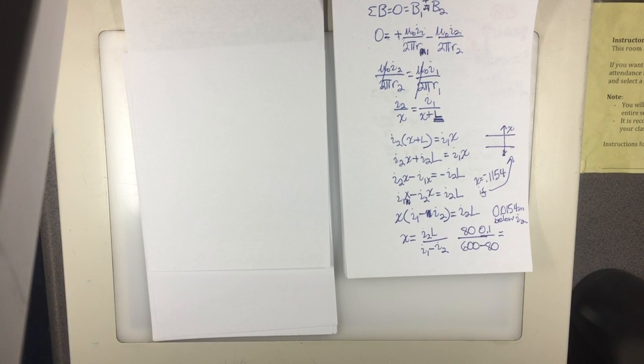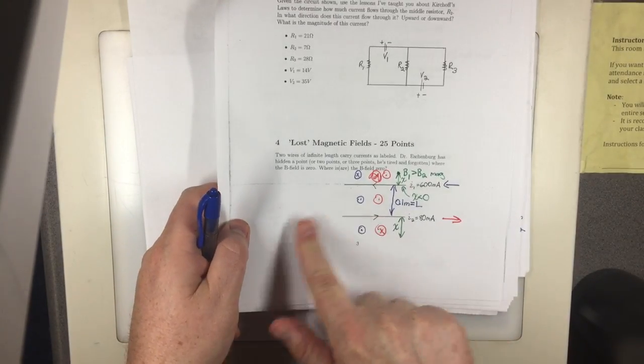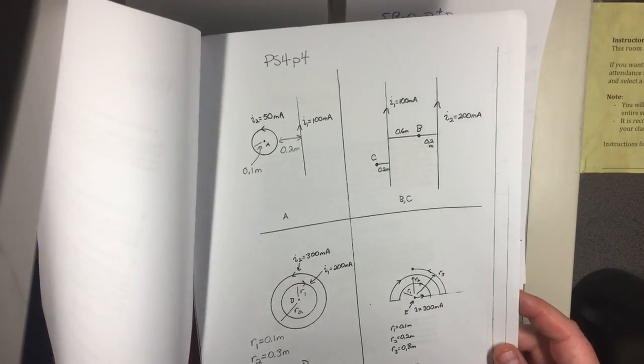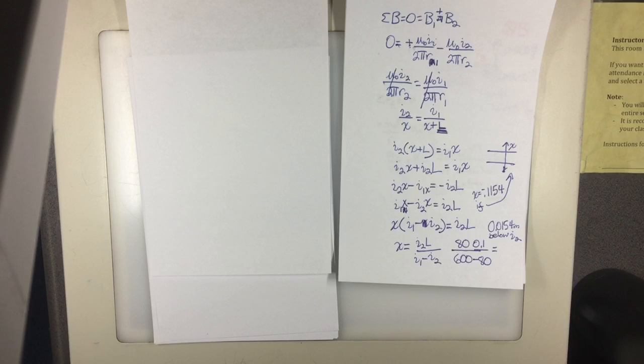Stuff like this I love. The B fields all adding up. The one on the problem set, I mean, it could get weird. So know how to do problem set 4, number 4. How to add up B field magnitudes and stuff like that. We talked about the specific problems from all the problem sets before in that Friday lecture.